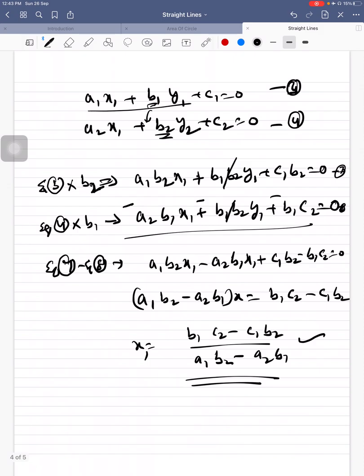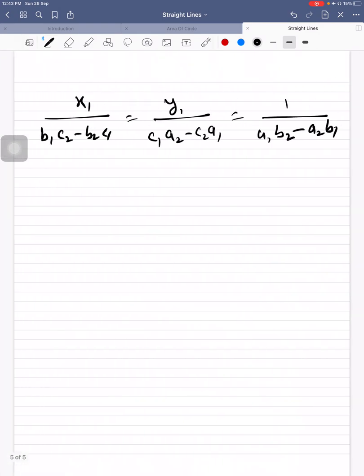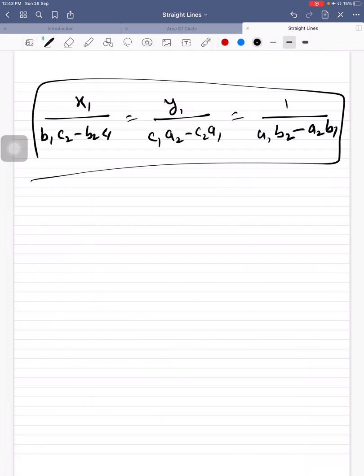By comparing x1 and y1, we can write this in a simple way, along with a1 x1 plus b1 y1 plus c1 equal to 0 and a2 x1 plus b2 y1 plus c2 equal to 0.